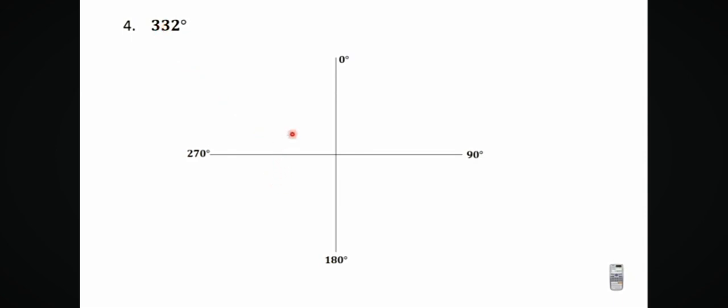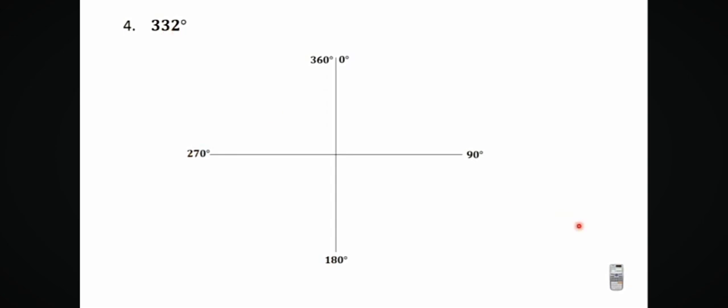So you don't forget that this point here is 0 degrees at the same time 360 degrees. So it means that this new angle, which is 332 degrees, will be between 270 degrees and 360 degrees. That means that you have to add a value to 270 degrees in order to get 332 degrees.